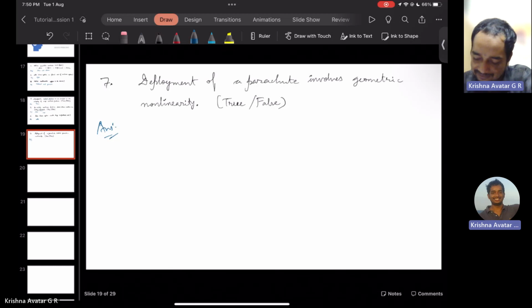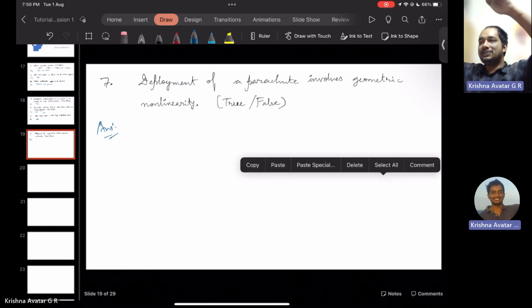So the answer, as you know, is what? The deployment of a parachute involves, what changes as you deploy a parachute? As you deploy a parachute, first the strings will open up, and then they will gradually get taut.